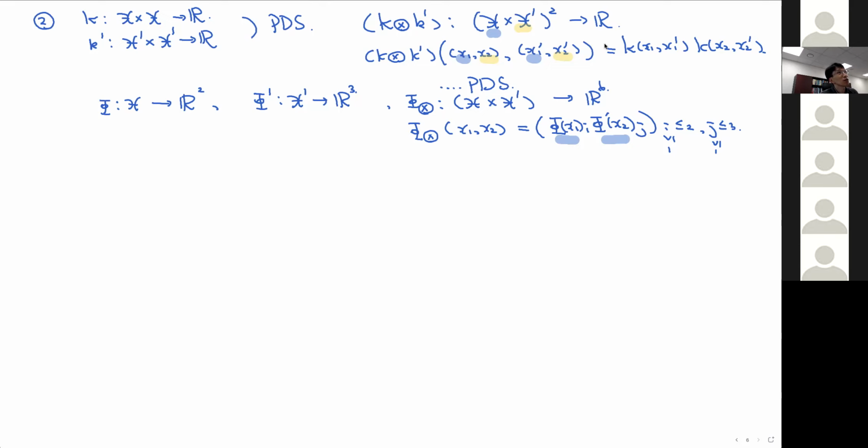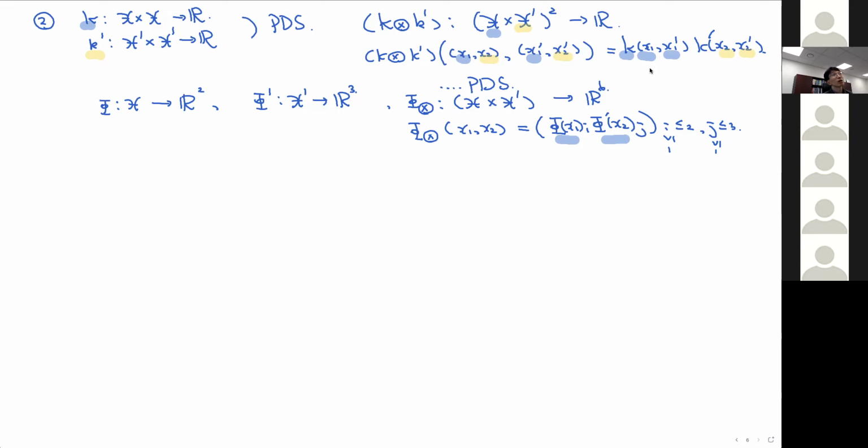So x1 and x1 prime are in x, so these two are on x. That's why we can apply k, since k is defined only on x. And then x2 and x2 prime are in x prime. So I should have used the primes and the 1 and 2 in a more consistent way, but I hope the colors help you. Also, I made another mistake: this has to be prime, so it's a k prime.